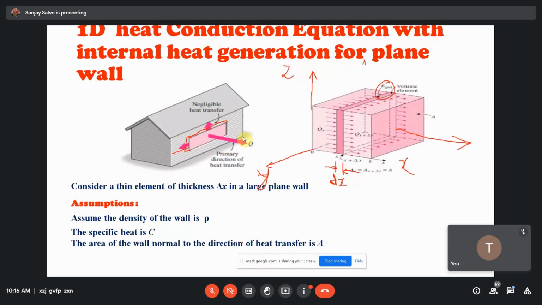I again show you that diagram here. Here the heat is coming from the x direction, so that one is Qx. You can see in the diagram, the heat passing out is Qx plus delta x.